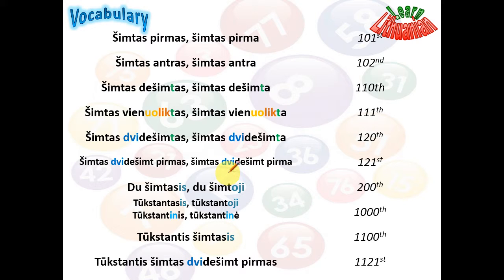This is again a pronominal adjective, the same with thousands. Tūkstantasis, tūkstantoji. Or tūkstantinis, tūkstantinė. You can use them both.